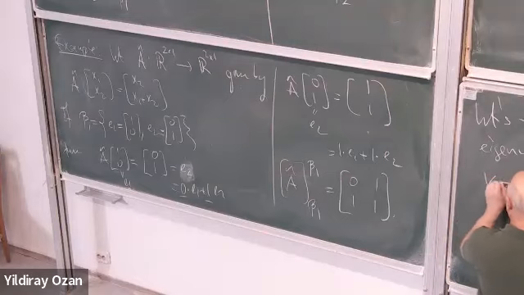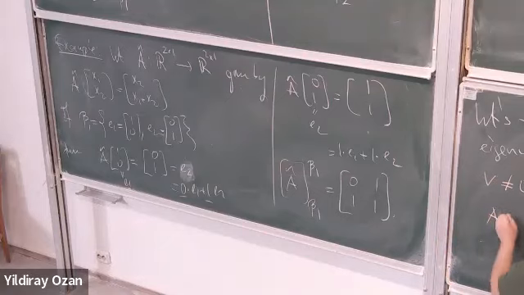Eigenvector is a vector which is not 0. So this will be a vector in our vector space, which is 2 by 1 matrices, so that A times V should be lambda times V for some lambda. Lambda can be 0, but V cannot be 0 by definition.